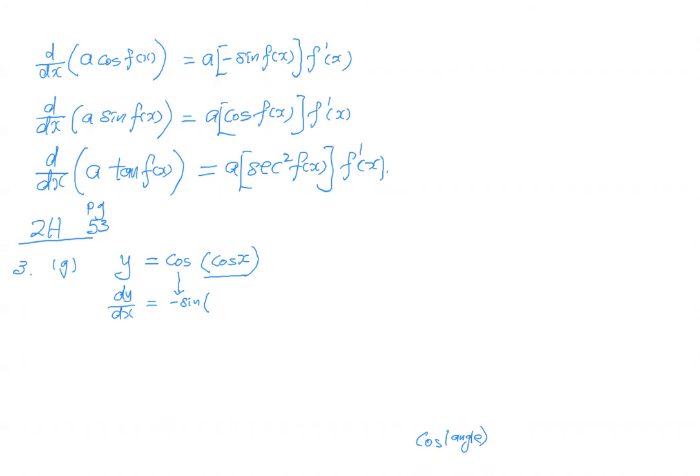So sin of what? If my angle is x, I write down x. If my angle is 2x, I write down 2x. If my angle is cos x, I will write down. You see, this is the angle. So in this case, what is my angle?